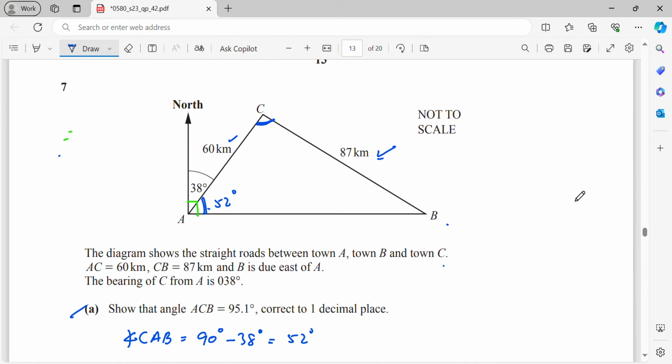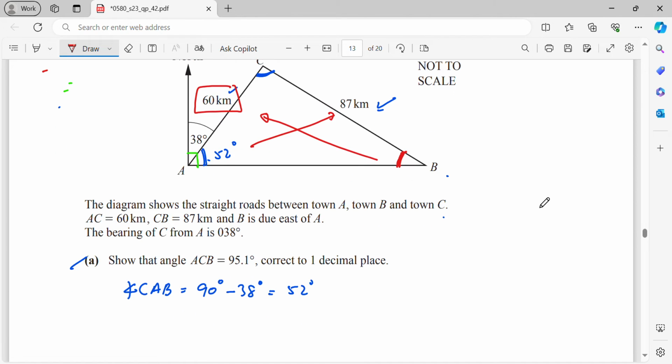Then I need to find out the angle ACB. But before ACB, when you look at the triangle, the opposite side of 52 degrees is 87. You are also given 60 kilometers, the AC. So I will be finding the angle ABC, which is opposite the side of 60 km. After I have found this red angle, then only I will find the angle ACB. So that's the idea.